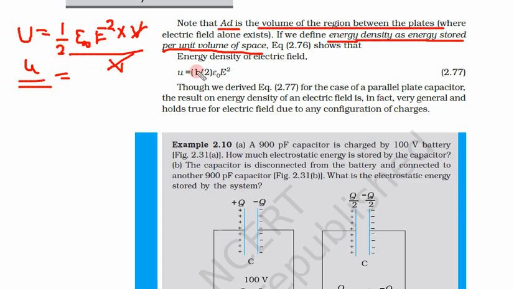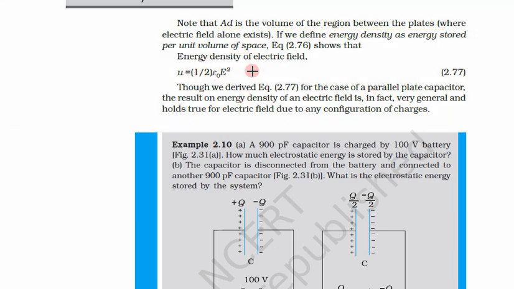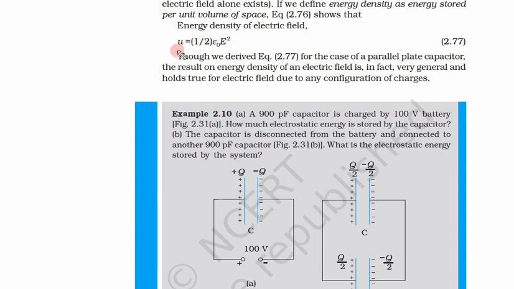So half epsilon naught E square is the energy stored per unit volume. This is the energy density of the electric field in terms of electric field. Also, last time this question came in the pre-board examination: what is the energy stored in a capacitor, energy density of a capacitor.